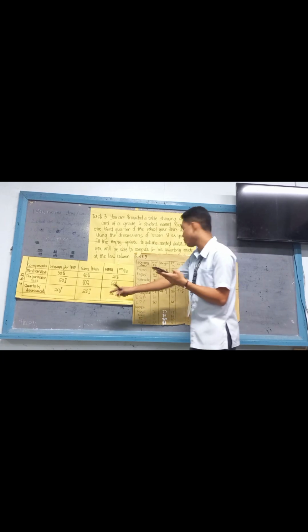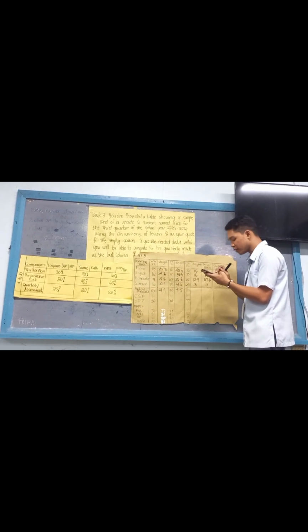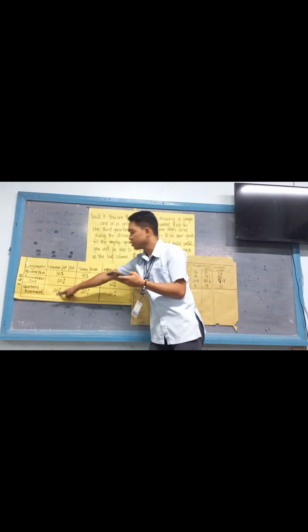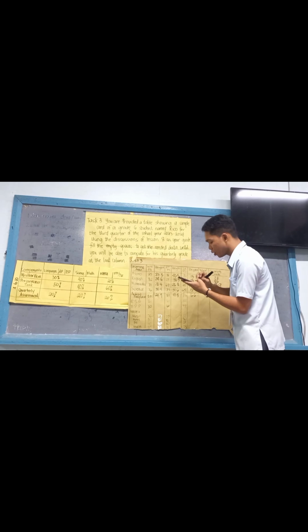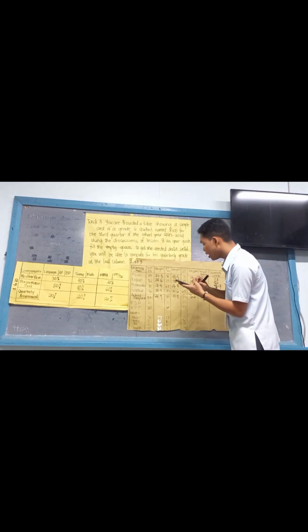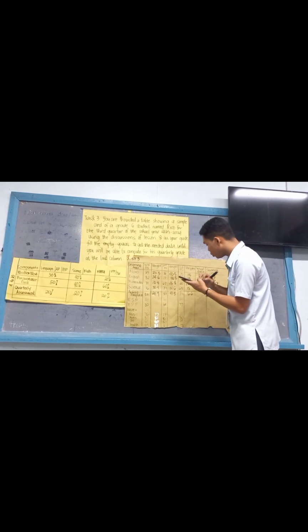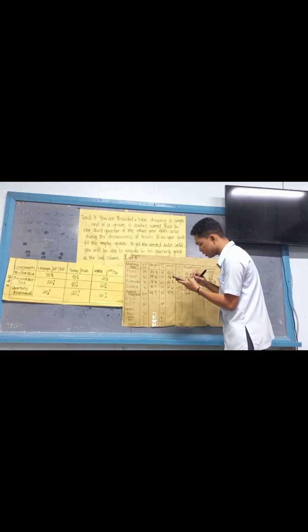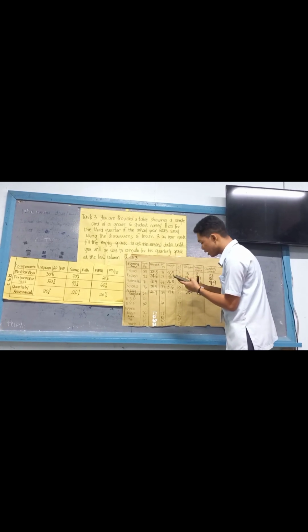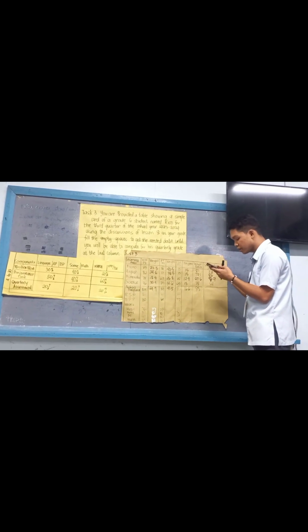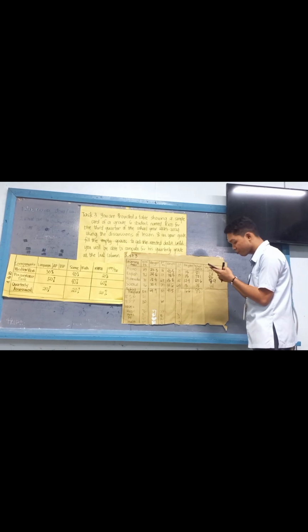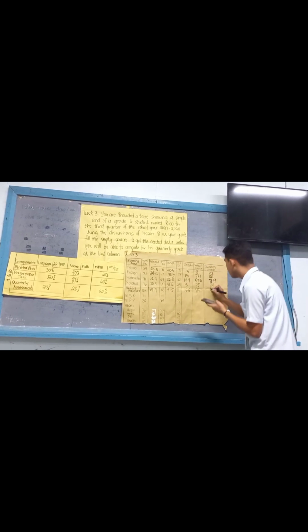And the quarterly assessment is 83 times 20% is equals to 16.6. So let's add all the weighted scores. So 24.9 plus 41.5 plus 16.6 is equals to 83. So the initial grade is 83. So let's transmute it. So 83 is equals to 89.